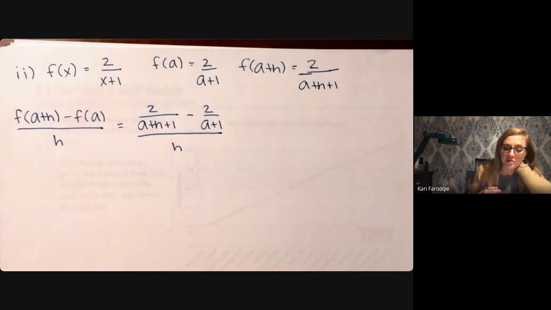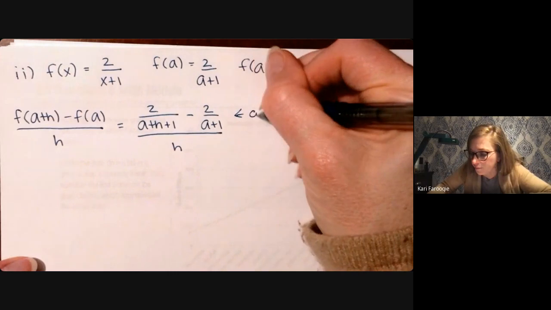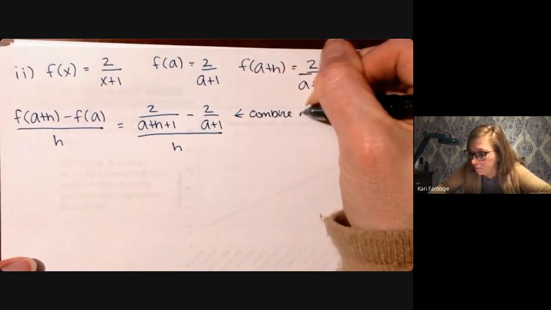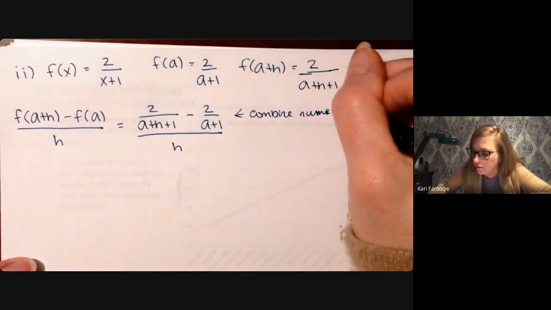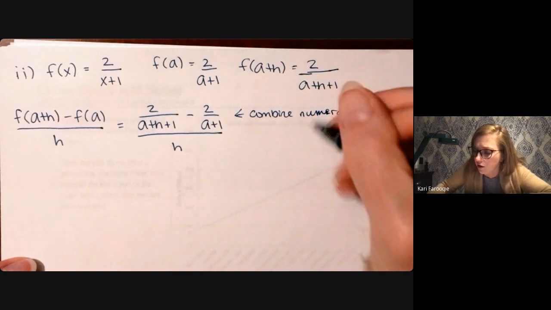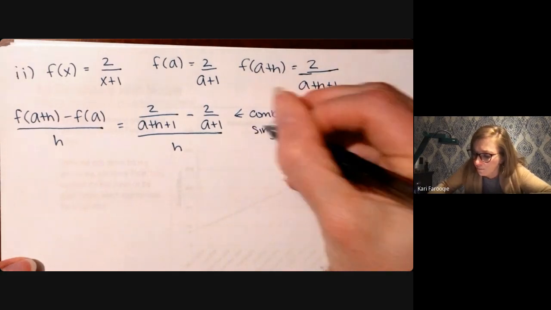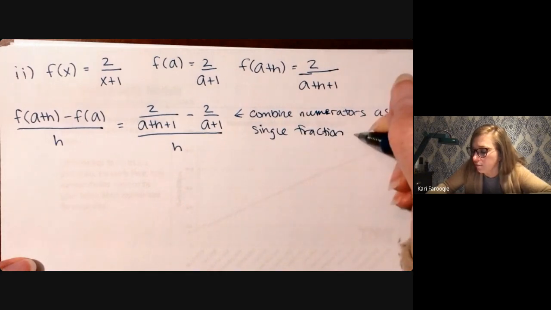Now, it's kind of up to you how you choose to simplify this. I would say maybe combine the numerators as a single fraction. Sorry, I'm running into my document camera here. Combine numerators as a single fraction.